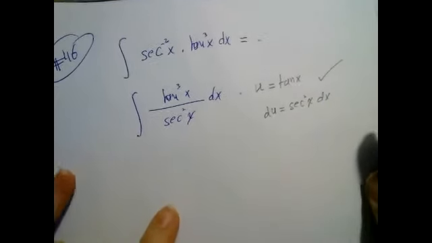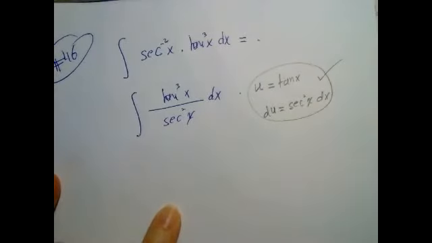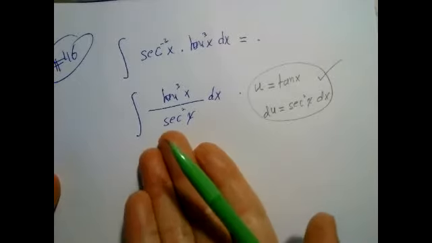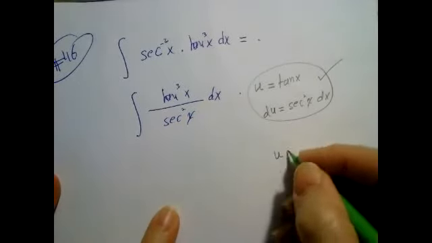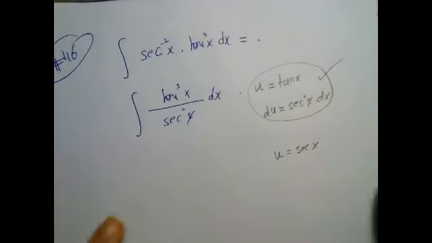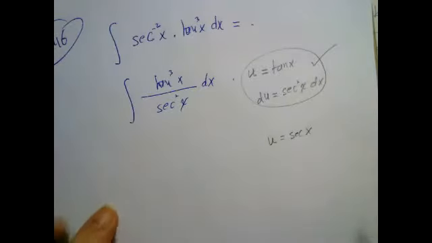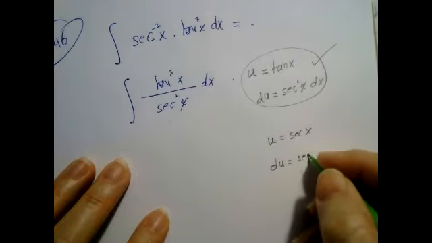Now I'm having another suggestion. Somebody's telling me this doesn't seem to work because I don't know what to do here. So I'm going to try u equals secant. Somebody is suggesting that. All right. If u is secant, the du is secant tangent.